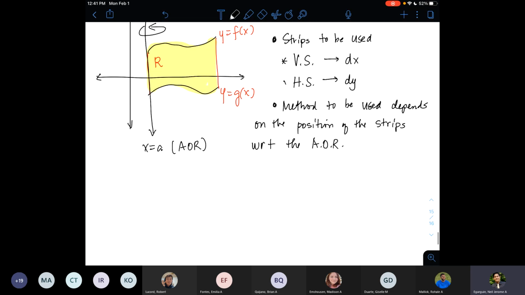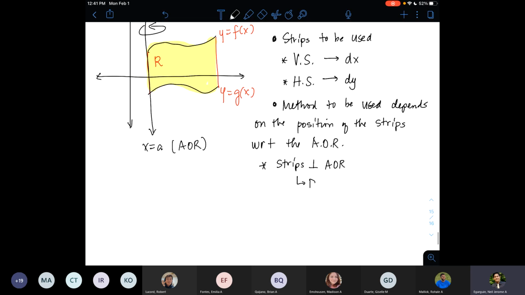If your strips are perpendicular to the AOR, so it makes a 90-degree angle with the AOR, then you will use the disk or the washer method.